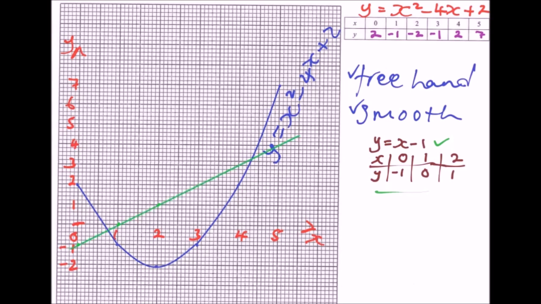So this is the graph that we have plotted of y is equal to x minus 1, and from this we can now solve the equation.